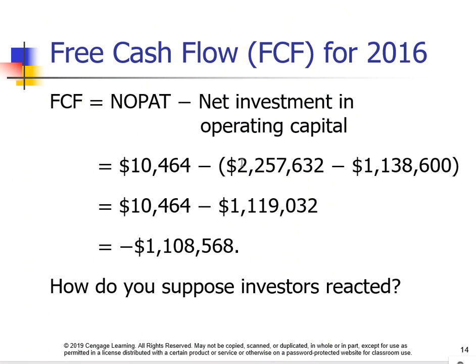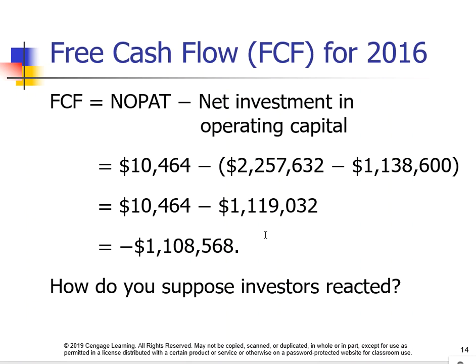So our free cash flow calculation then is our NOPAT minus the change in total operating capital. So this is the 2016 minus the 2015 total operating capital number. So our free cash flow is actually negative because we invested so much money. We had a little bit of positive NOPAT here, but we spent a lot of money on assets, 1.119 million, and so we have negative free cash flow. So how do you suppose investors reacted?